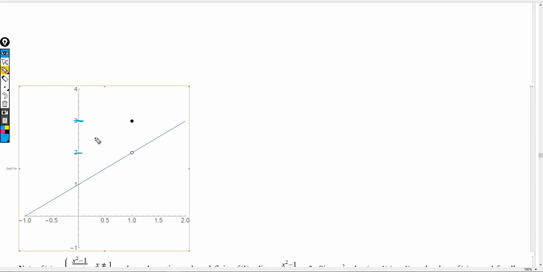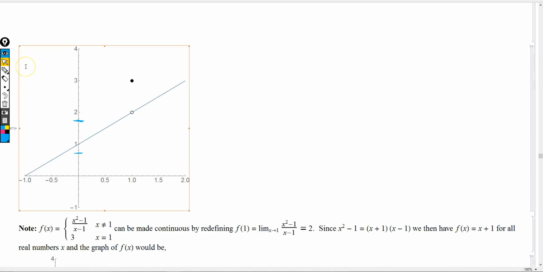Alright, now notice this one thing down here. Notice that we could make this function continuous. All I would have to do is to take that little point right there and move it down here and fill in that hole in the graph.